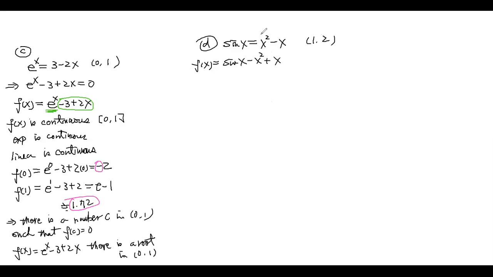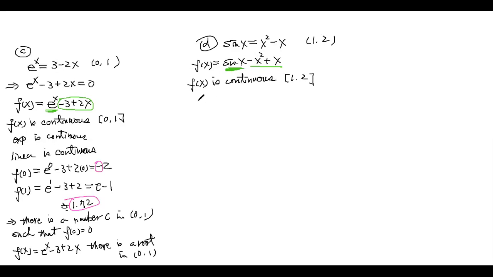So I know this is continuous. Why? Because the trig function is continuous and this part is a polynomial. So I can conclude f of x is continuous. Let's satisfy the first condition of the intermediate value theorem, right? So it's continuous on [1, 2].